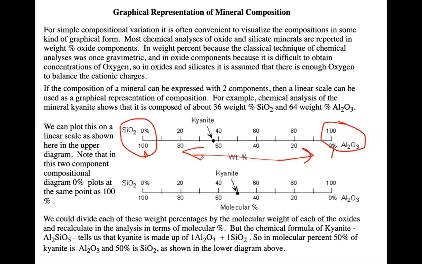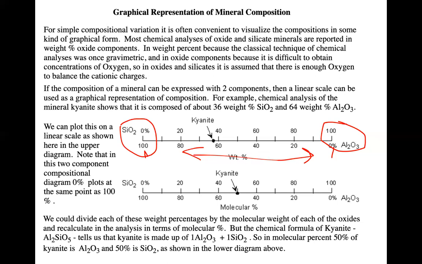Okay, so you can denote different amounts after determining it by electron microprobe. You need analysis, then you can determine, for example, 65% of silica and 35% of aluminium, right?